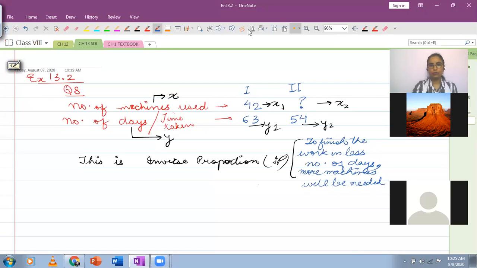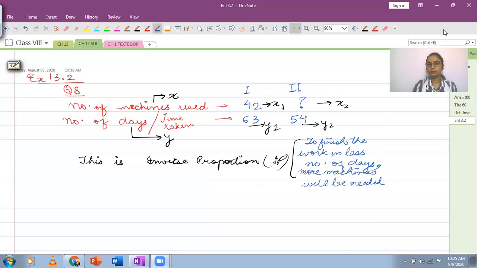This is something you can write down for yourself. This is how we know that the relation is inverse. And then the formula for inverse proportion. Just remember this difference. In direct proportion, you write the values in over form. In inverse proportion, you will be writing in product form.